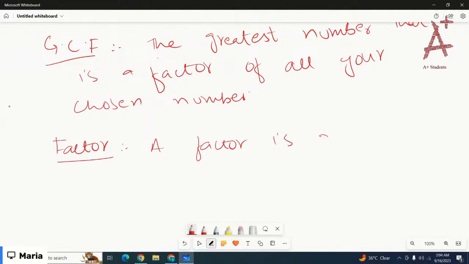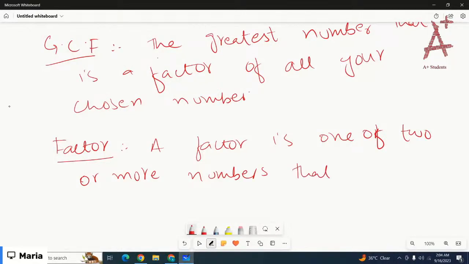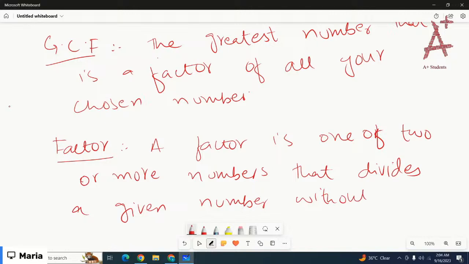A factor is one of two or more numbers that divides a given number without a remainder, right? That is the definition of a factor.